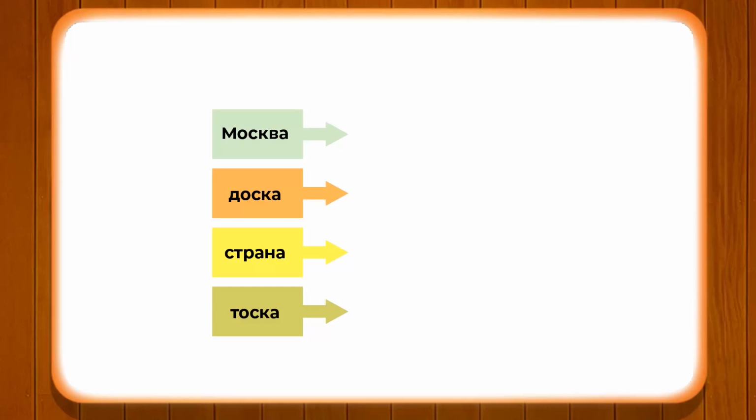Now, we are having a set of a few more words from Russian language. We will see how to pronounce them and their meaning. So, we have Moskva. Moskva, it is the capital of Russia, also known as Moscow in English. Doska, strana, toska, sprava, prosta, and spasiba.